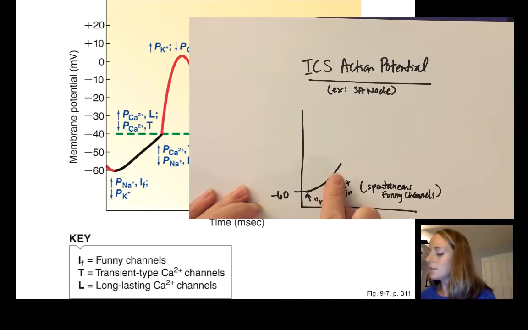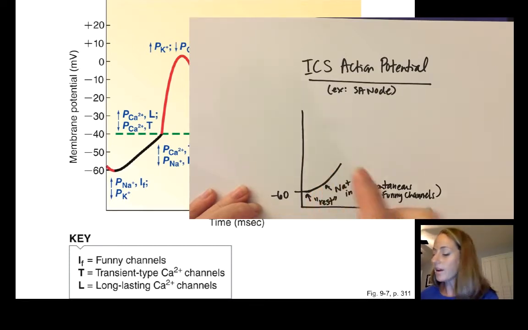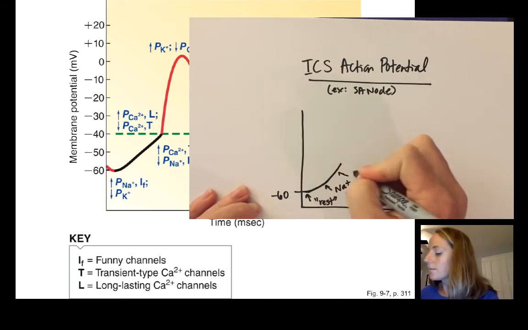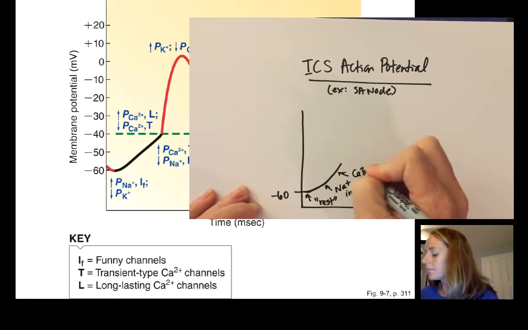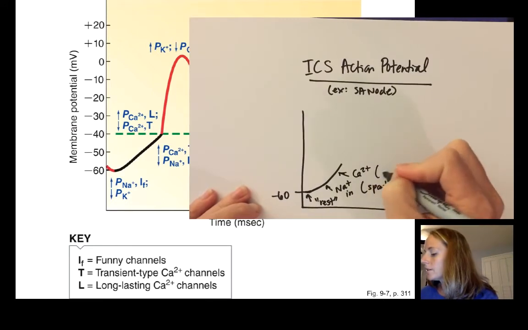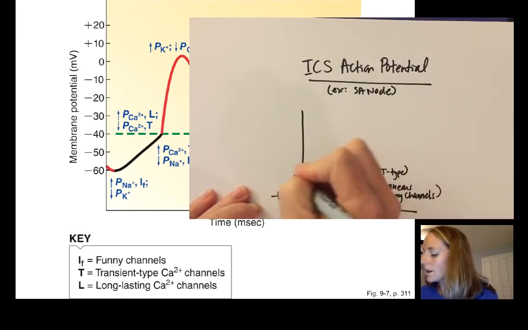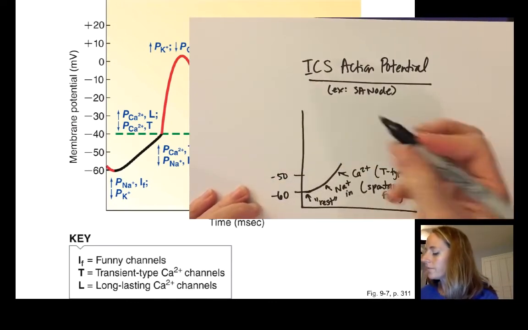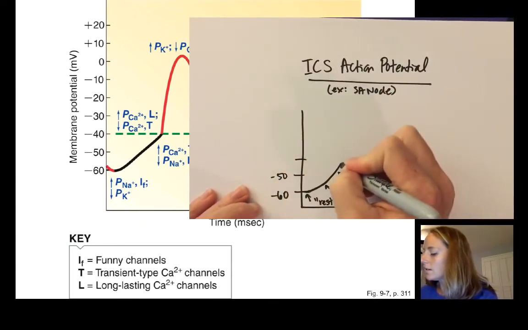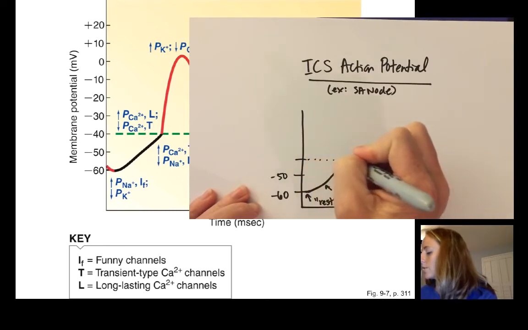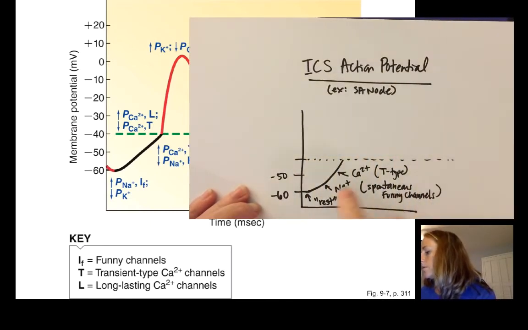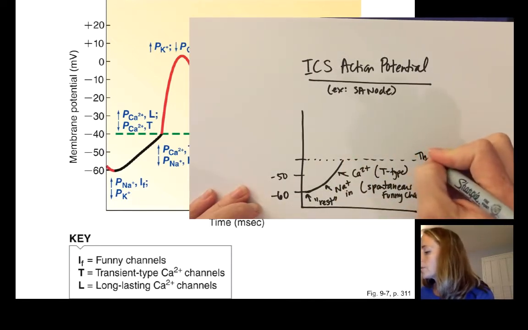That's going to depolarize the cell, and then from there, you're going to have calcium. First, the T-type at minus 50, and then that's going to get you to threshold. So sodium first, then T-type calcium, and then you'll hit threshold.